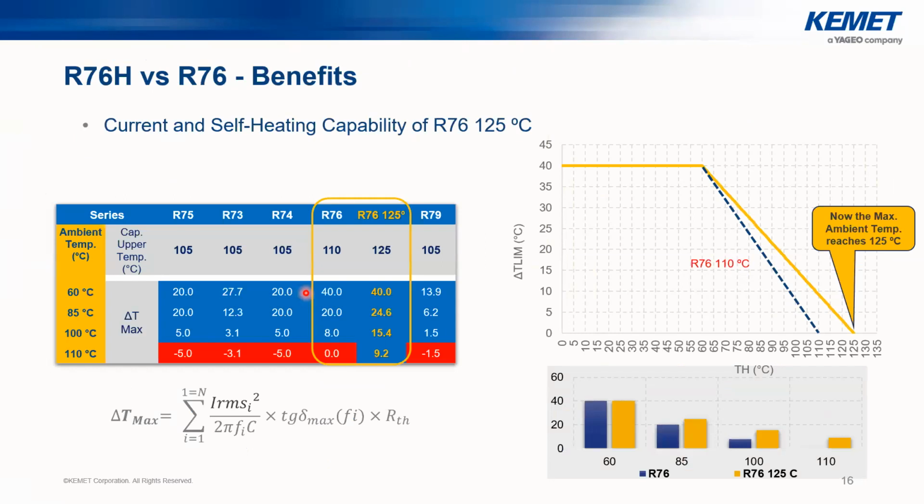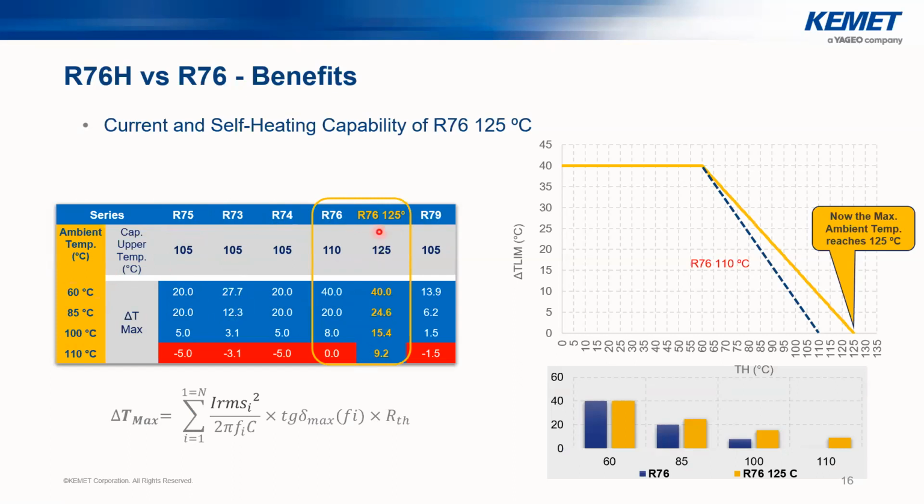So if we look deeper on the comparison between the R76H series, which is the newest series of the R76, the main difference is with temperature and the humidity. So of course here what we are seeing is the different series that we have as the pulse and resonant circuit capacitors, the ambient operating temperature, the maximum one, and the allowable self-heating capabilities.